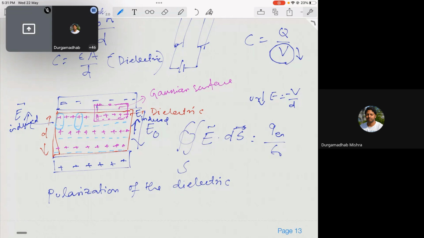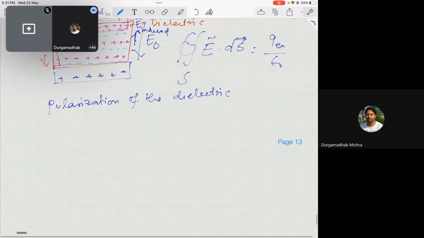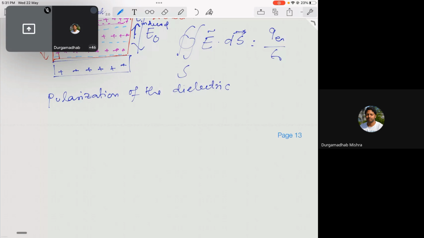So based on this polarization, or the dipole moment that we have created, it can be done in different ways. Based on that, the dielectric materials have been divided into two different categories. One is known as non-polar dielectrics, and another is polar dielectrics.